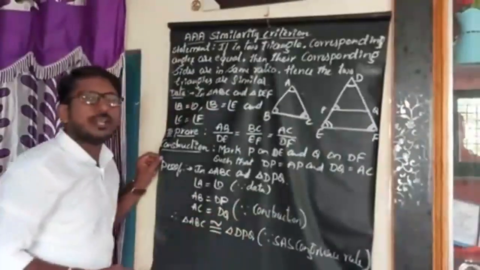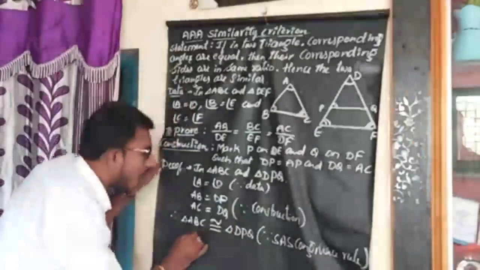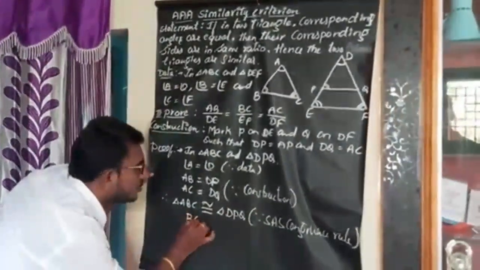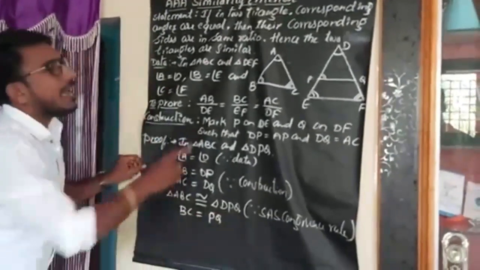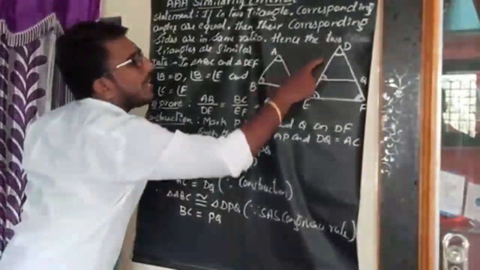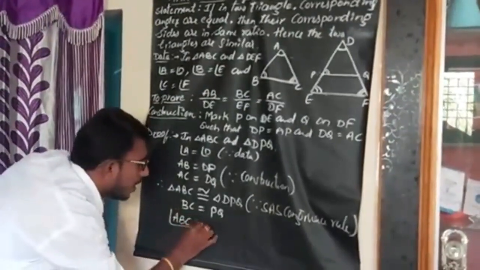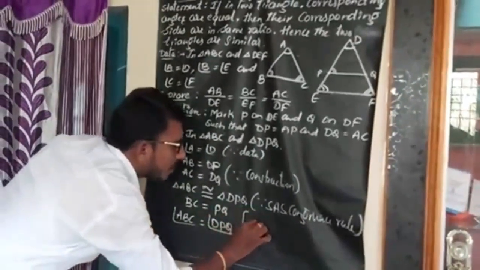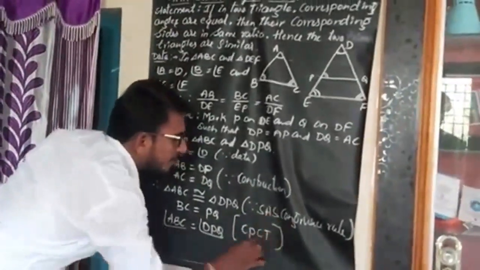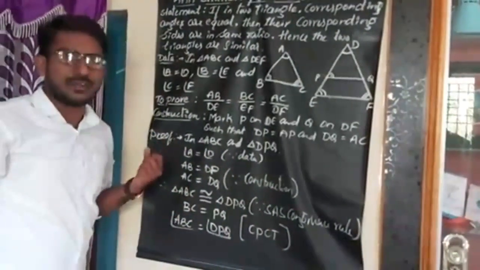According to CPCT we can write now: BC is equal to PQ, and angle ABC is equal to angle DPQ. This is from CPCT, corresponding parts of congruent triangles.